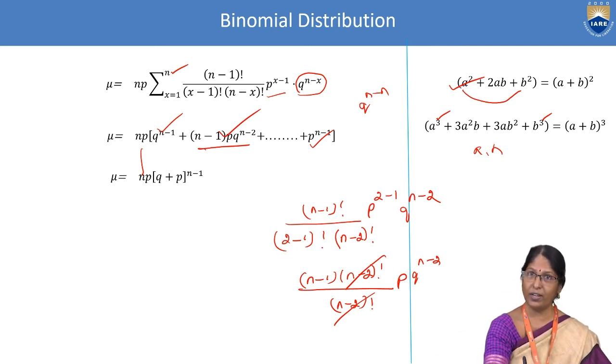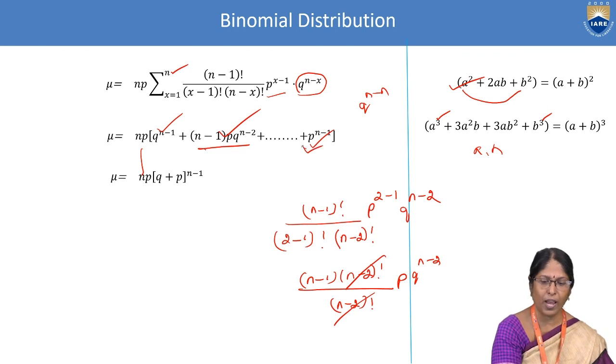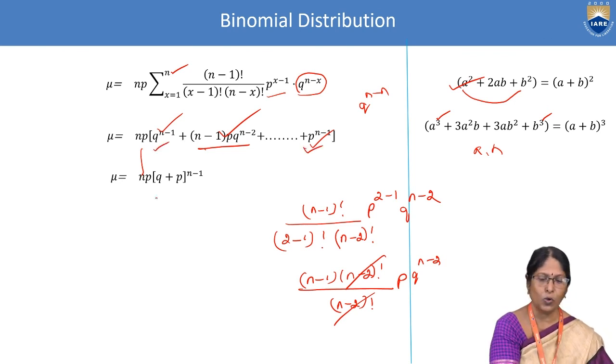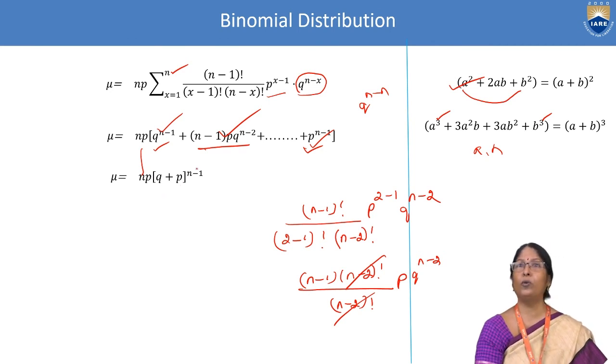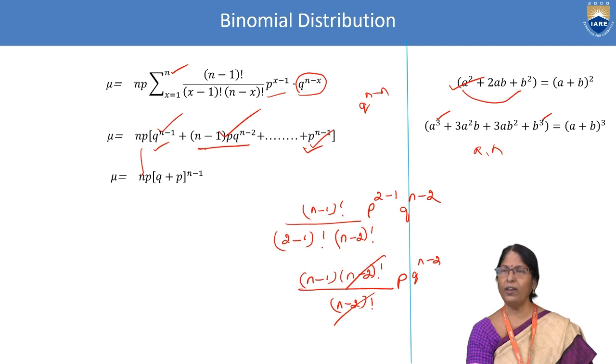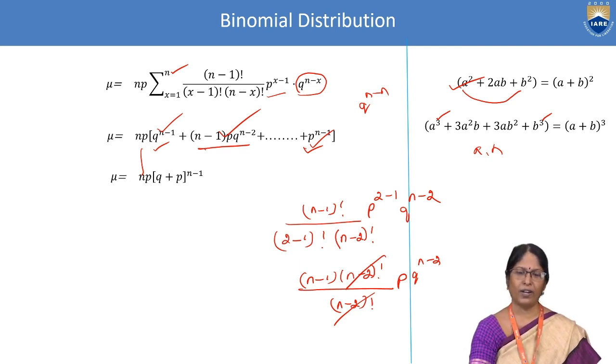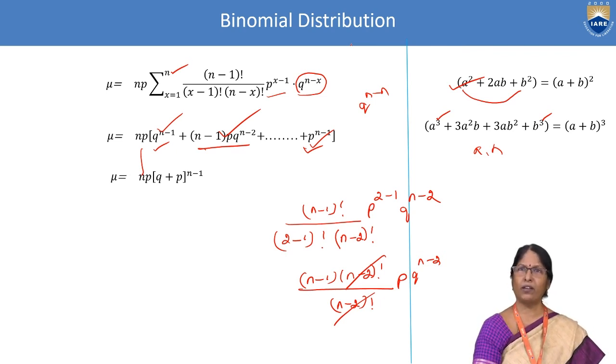Why not here the same? Here p and q, 2 variables, are there. So p plus q the whole power. P power is n minus 1, q power is n minus 1. Better we can write it here also: p plus q the whole power n minus 1. Mathematically it is obeying the law. So whatever distribution obeys the mathematical law, we can accept it.